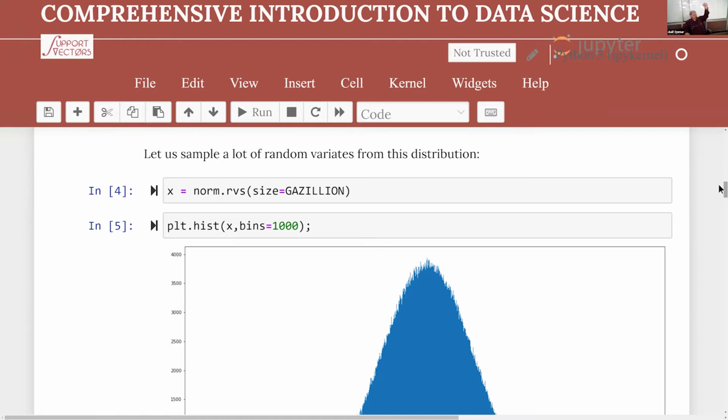Like in other words, the weight of one zebra is a random variate. Are we together? Random variates is a collection of zebra weights. Is that making sense? I hope. So that is that.